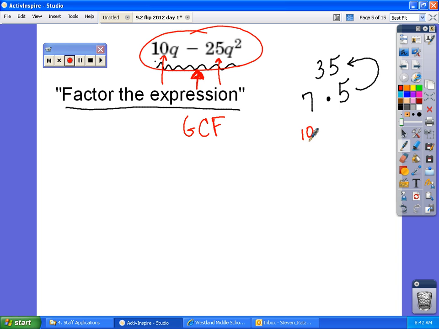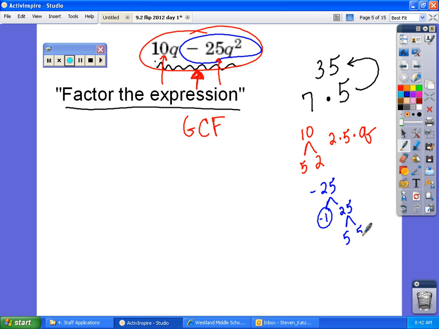The prime factorization of 10 is 5 times 2. So the prime factorization of 10q would be 2 times 5 times q. Then for the prime factorization of negative 25q squared, remember we take out a negative 1 and 25, and then we have 5 times 5.